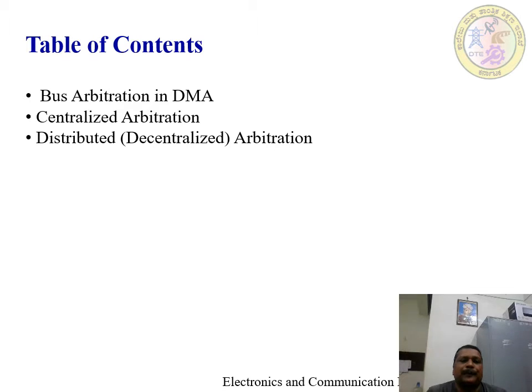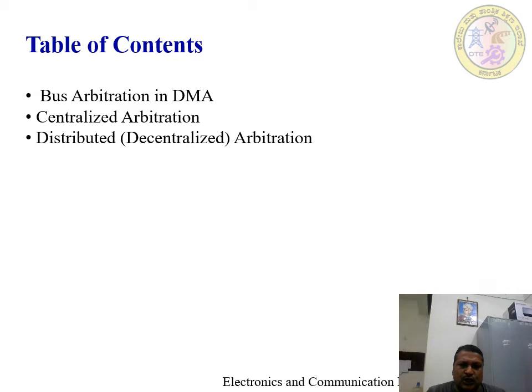Centralized arbitration is the process in which a device raises the bus request signal. In turn, the processor sends a bus grant signal, and after receiving the bus grant signal, the device raises the bus busy signal. This is the concept behind centralized arbitration.